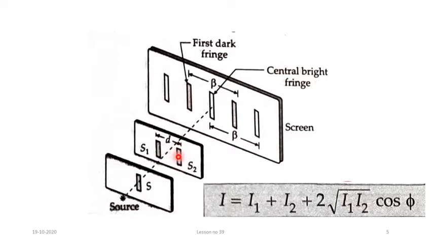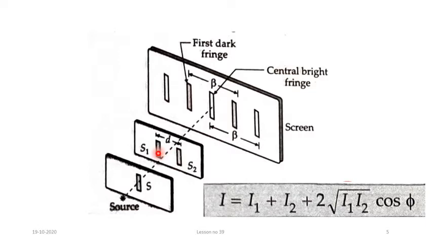These two sources of light will be coherent if the light coming out of these two sources have the same frequency or the same wavelength, meaning they are of the same color. If it is a red light, then the light coming from source S1 and source S2 will be a red light, and they should have a constant phase difference, or I can say there should be no phase difference.